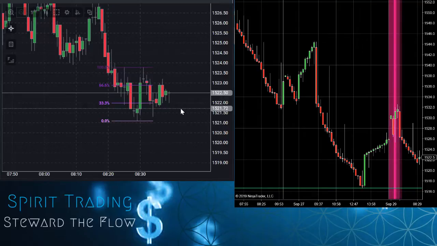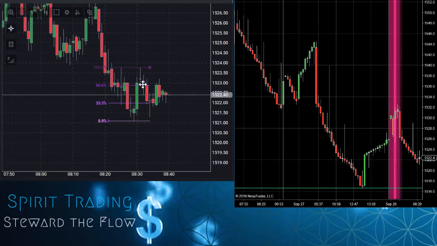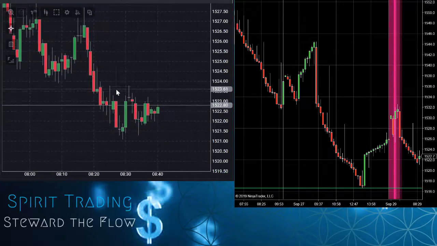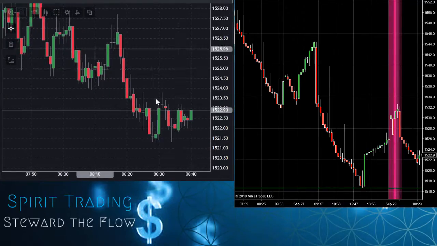Gives too little movement. Alright, I'm gonna close it up. Anyways, that's just something you could play around with and see if you could create a system around it.